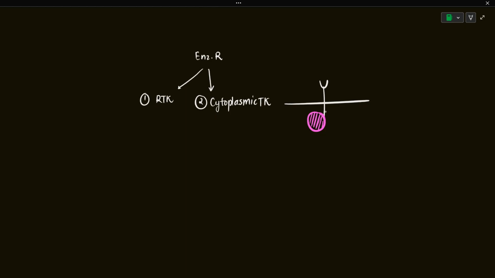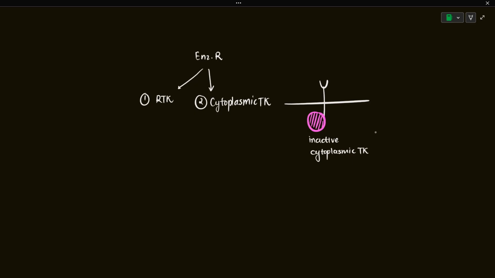So the job of the intracellular domain in the cytoplasmic tyrosine kinase associated receptors is only to be attached or associated with the inactive cytoplasmic tyrosine kinase. Okay, so it has only one job.